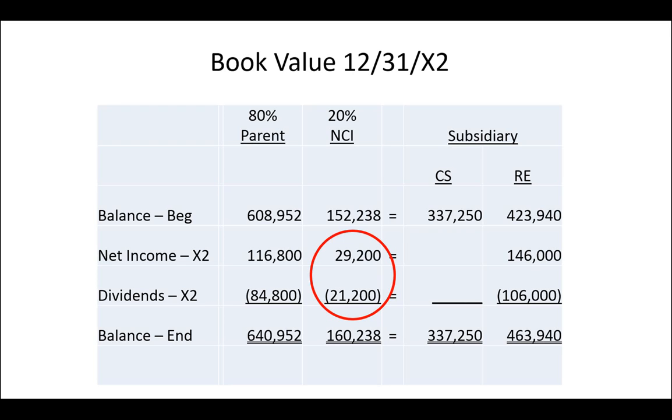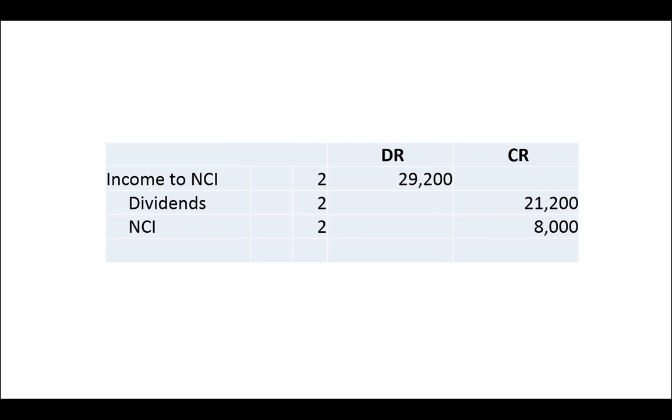So with this entry here, we're assigning 20% of the income to the NCI and starting to come up with the increase in equity as well. So we had income to the NCI of 29.2, dividends 21.2, and the 8,000 represents the increase in equity for the NCI for this particular year.